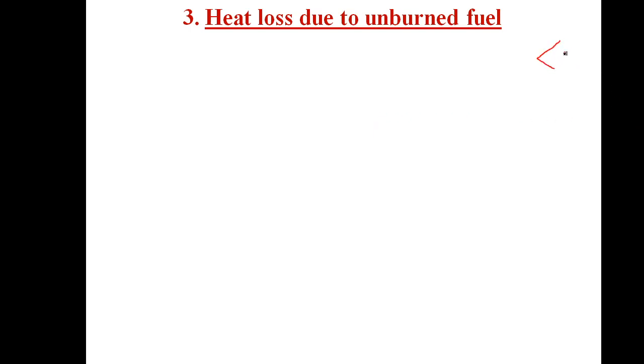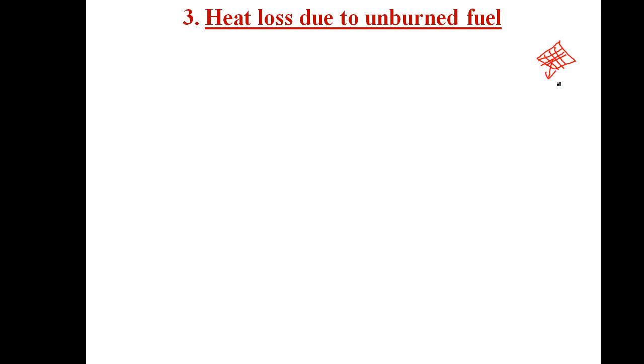Then coming to the next, heat loss due to unburned fuel. When fuel is thrown over the grate, some part of the fuel, instead of burning over the grate, which is a perforated platform over which fuel is burned, gets dropped into the ash pit without burning.